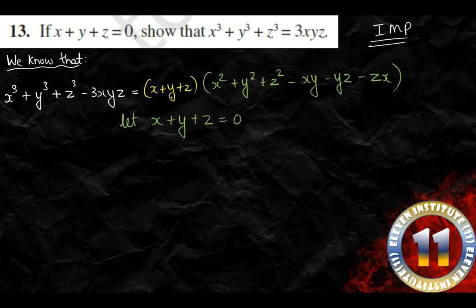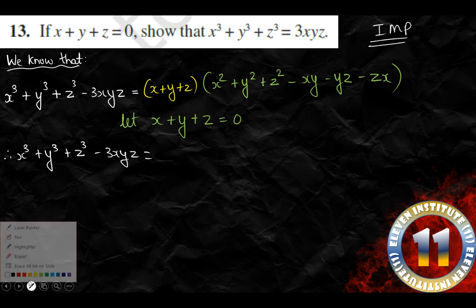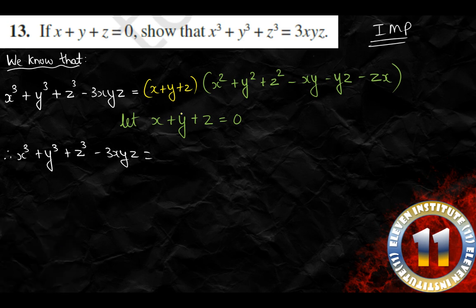Now instead of x plus y plus z we will write 0 over here. So let us begin again. Let us write everything that we have written over here. Right, so I can write therefore x cube plus y cube plus z cube minus 3xyz is equal to, right, instead of x plus y plus z what will we write? We will write 0. So here I will write 0 and the rest will remain as it is.